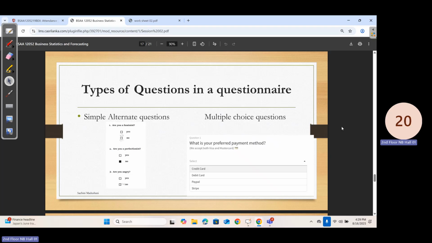Then there are multiple choice questions with multiple response, where the respondent can select more than one choice. It's clear?